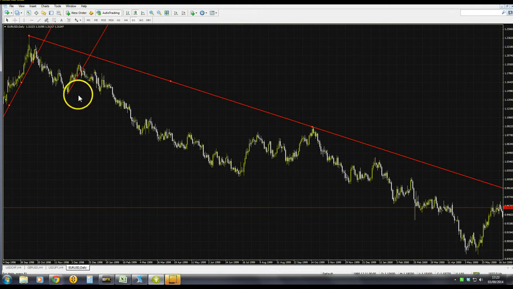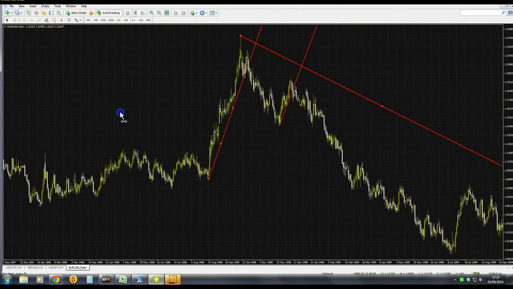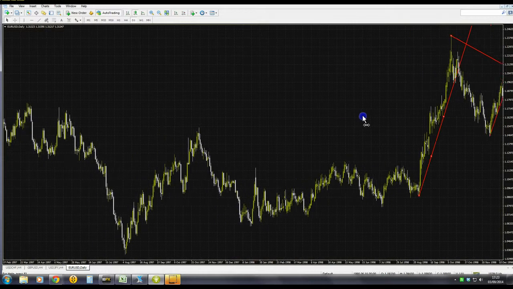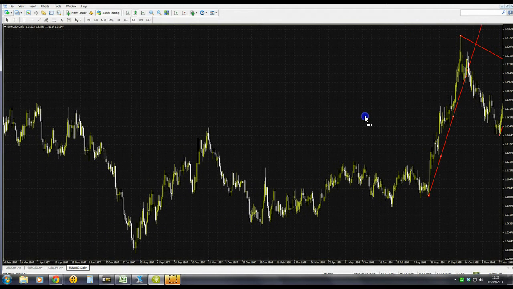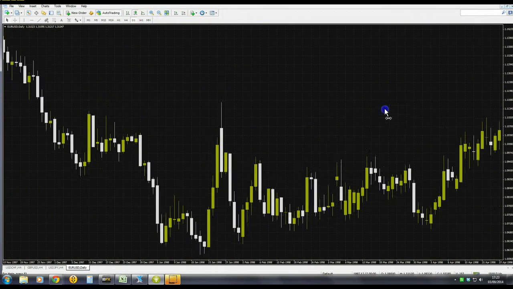What not to do is start picking these bottoms in a short-term trend. So if we went back here, you've seen this nice engulfing, I'll zoom in a bit, sorry.